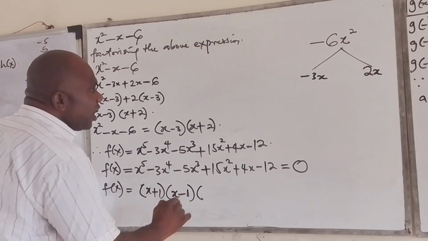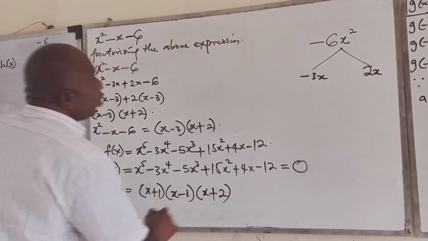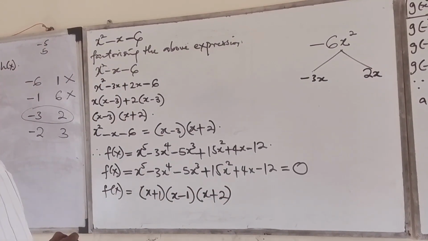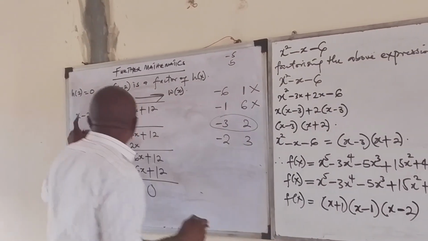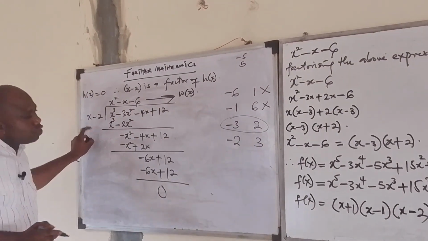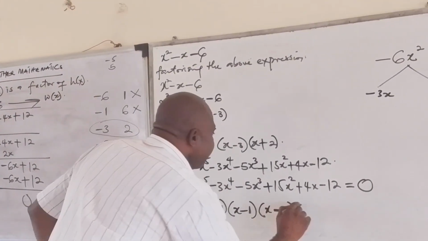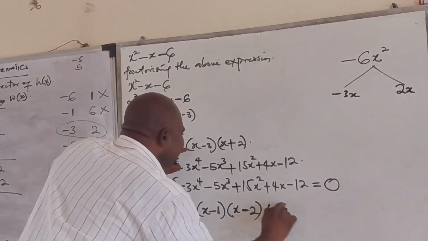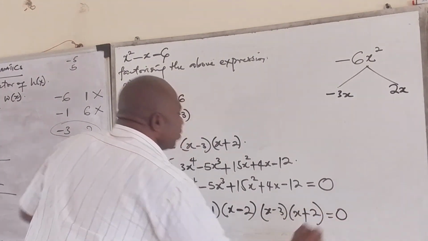Yes, we have x minus 2. Yes, look at it here. And of course, the last factors are, we have x minus 3 and x plus 2, all to be equal to 0.